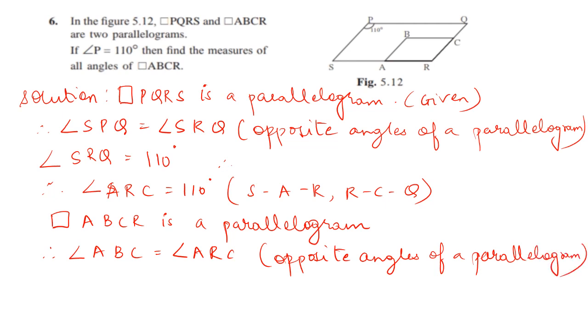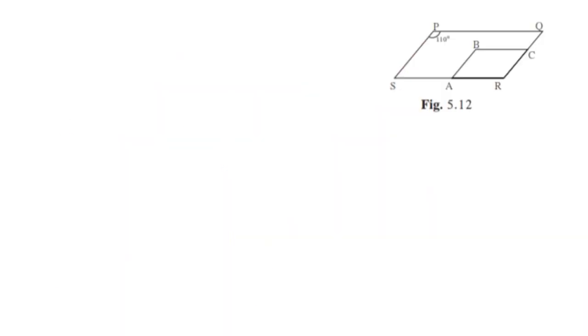Now therefore we can write that your ABC is also 110 degree, because just now we found out that ARC is 110 degree, opposite angle is ABC, so ABC is also 110 degree. So now we have got our ARC is equal to 110 degree. Similarly, we have proved ABC is also 110 degree.